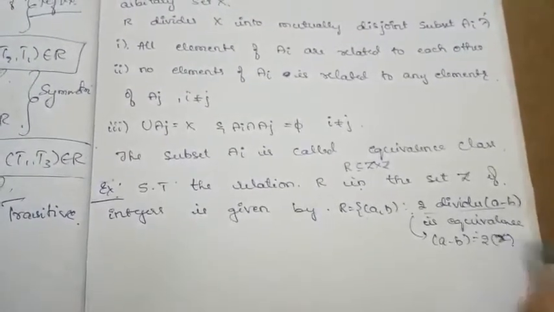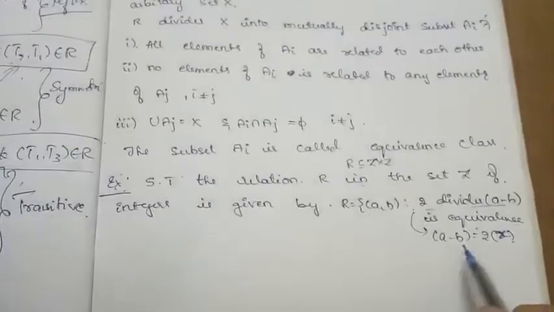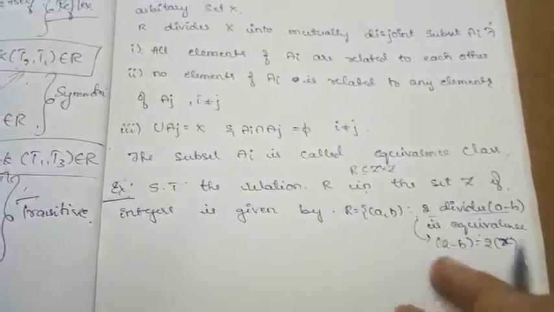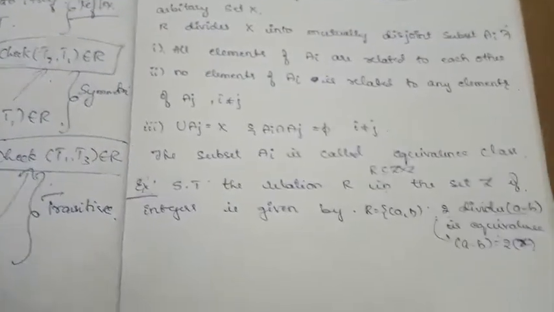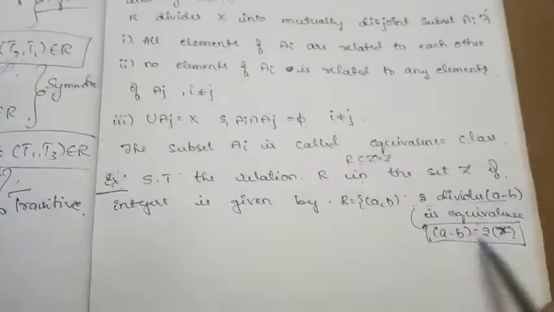If I let it be X, then A minus B is equal to 2X, and then we say that 2 divides A minus B. This is for your understanding.